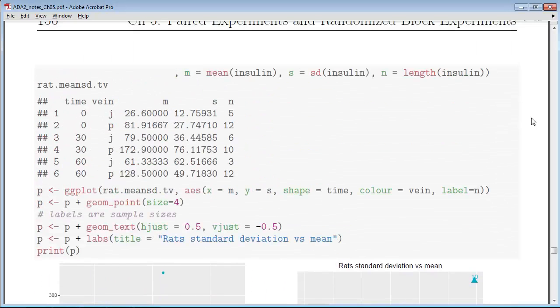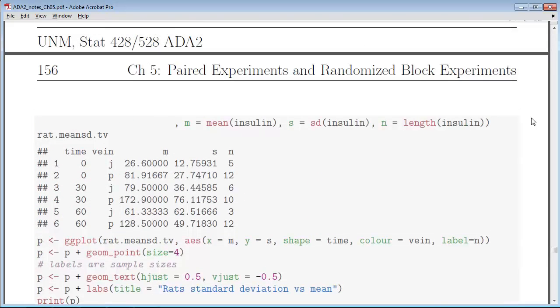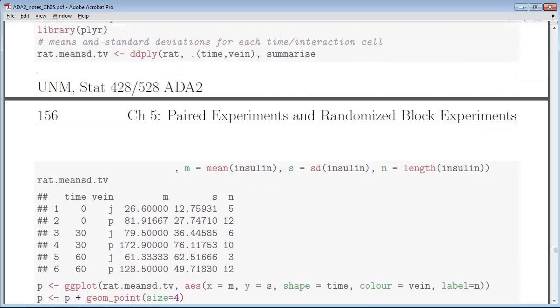So I'm going to scroll up for a moment, and so the way I created this plot is we've seen this code before using plyr, ddply. For each time and vein combination, I calculated the mean, standard deviation, but here I've added n, which is the sample size, the length of the data frame for each subset, and so here are the sample sizes.